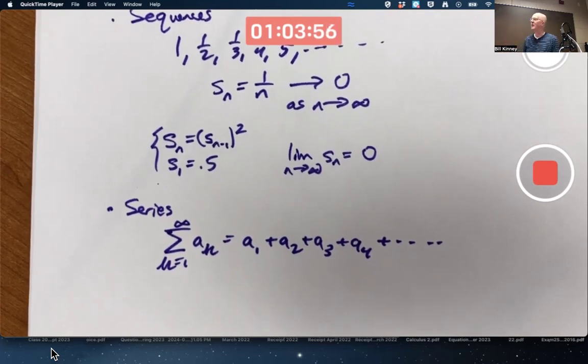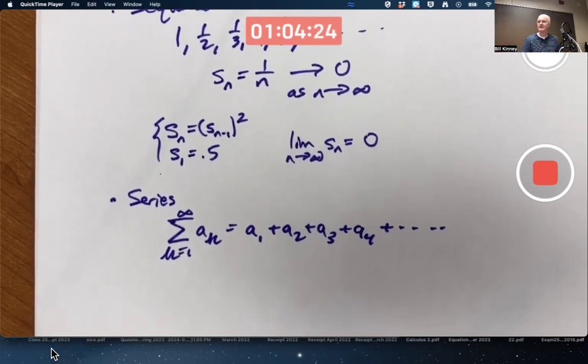It's an infinite sum. Wait, really? Are we really adding up infinitely many numbers? No, we're just pretending to. But we're pretending to in a way we can make rigorous and in a way that's useful, amazingly. As I always emphasize, calculus really is full of convenient fictions. And that's serious. You can make them rigorous, though. And they are useful, amazingly.